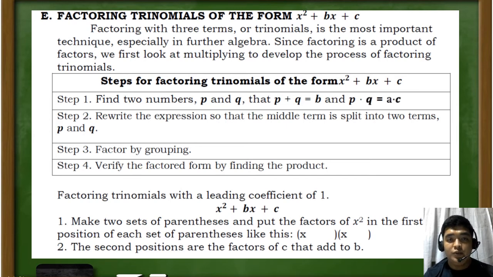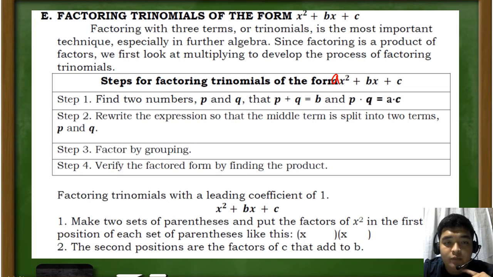Step 1, find two numbers p and q such that p plus q equals b and p times q is equal to ac. Then rewrite the expression so that the middle term is split into two terms p and q. Then factor by grouping, then verify the factored form by finding the product.